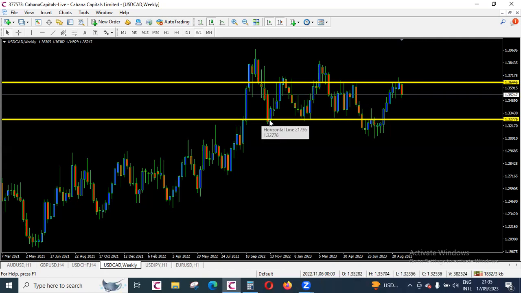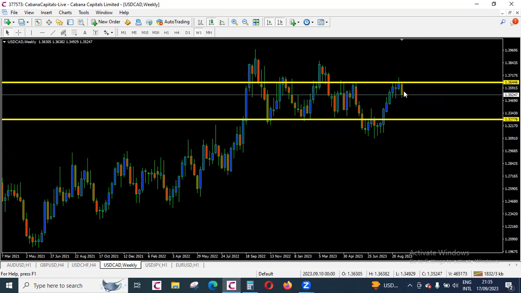You can see at this point, it was a previous support, which became a resistance after this candlestick broke out from the support. So if price keeps dropping, this will be the next target, and I'm sure this is likely going to play out this way.